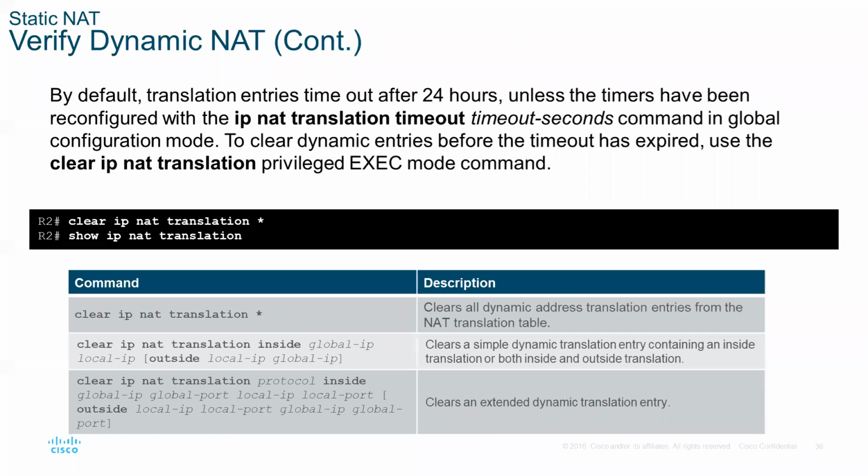Or if you want to clear a specific one, you can give it the clear and put in all the specifics that come with it. Most people just clear the entire translation table, and the next outbound packet will re-establish the translation.